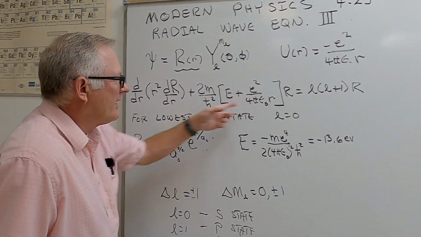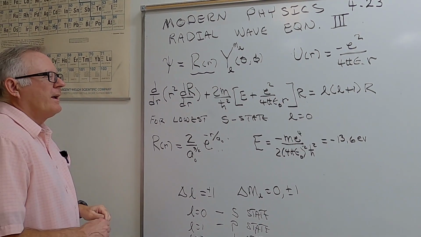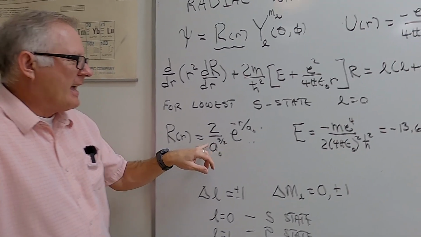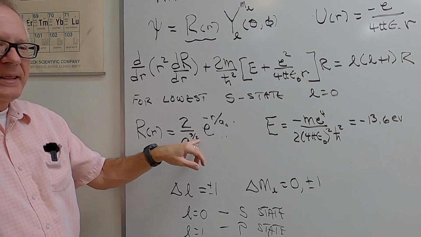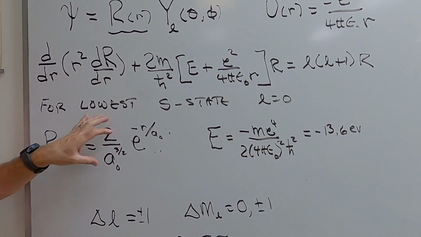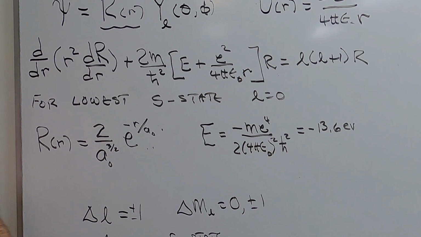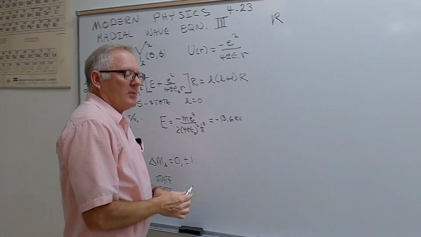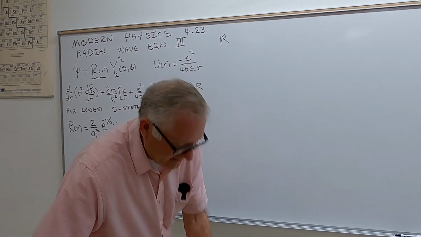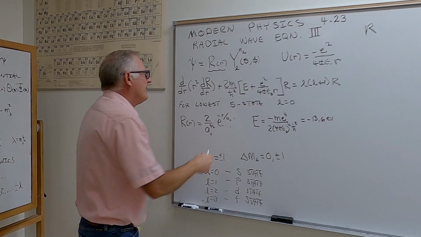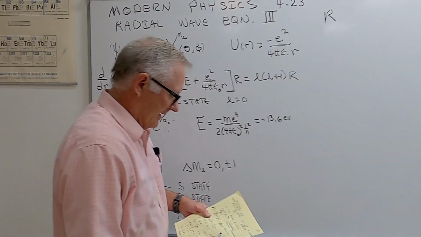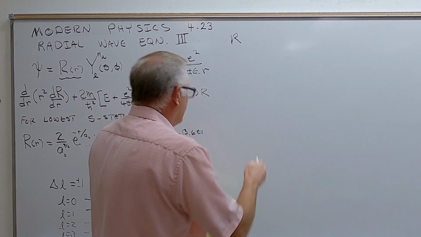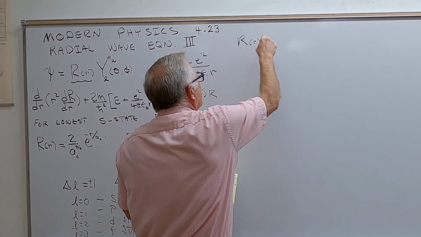You notice up here, you're going to have more and more wiggles. And to add the wiggles in there, you're just going to multiply this by a polynomial, with some other constants to normalize it. But in general, R sub r is going to depend on how many wiggles there are.